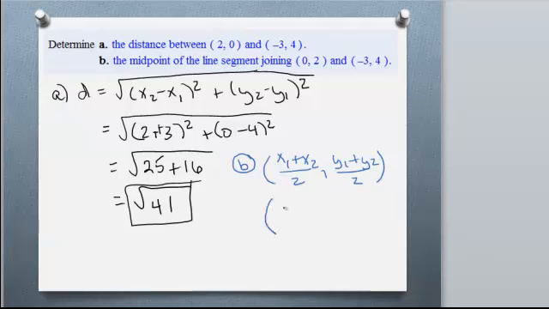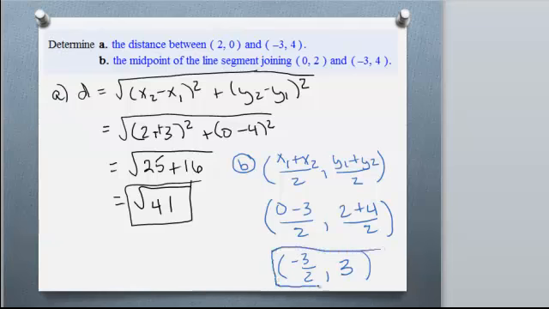So fill in the formula, 0 minus 3 over 2, and 2 plus 4 over 2. So this will end up being 0 minus 3 is negative 3. Negative 3 over 2 is just that, negative 3 halves. And then 2 plus 4 is 6, and 6 divided by 2 is 3. So the midpoint of the line segment that joins these 2 points would be negative 3 halves, 3.